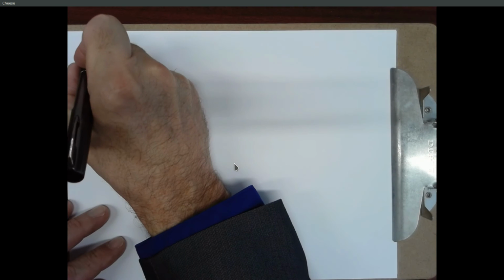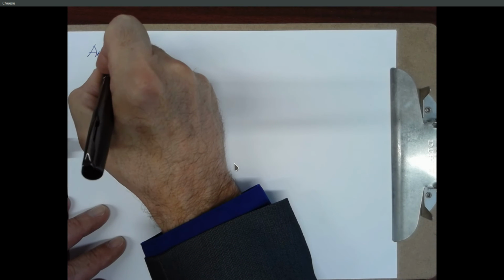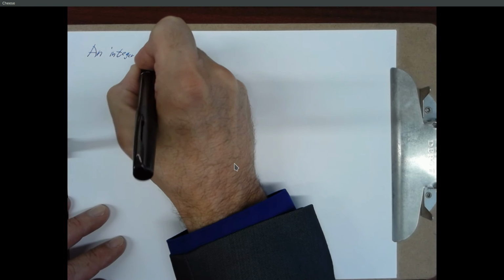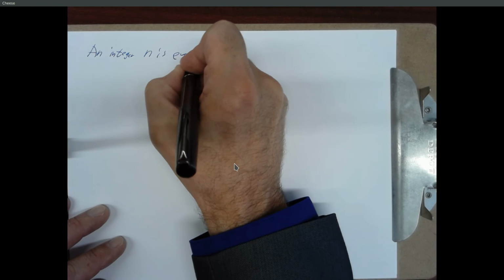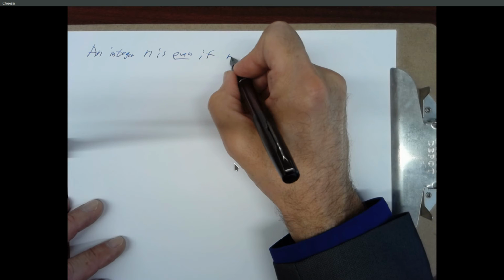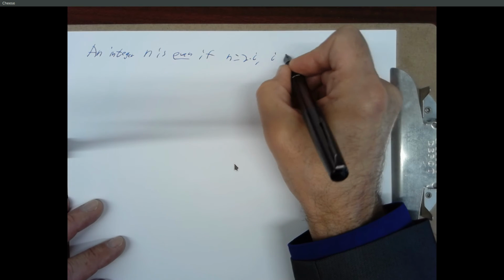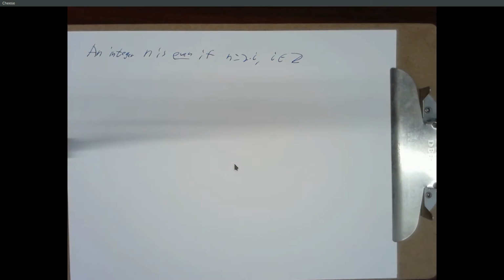All right, so let's dig deeper into proofs. I think I already gave this definition, but let's write it down again. An integer n is even if n equals 2 times I, where I is an integer. So for some I, which is an integer, n is equal to twice that integer.